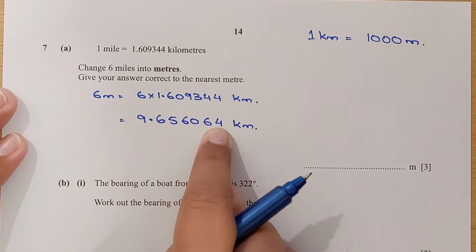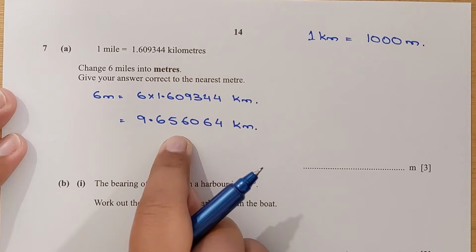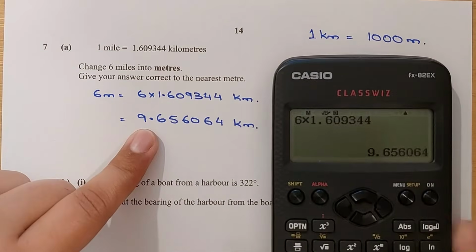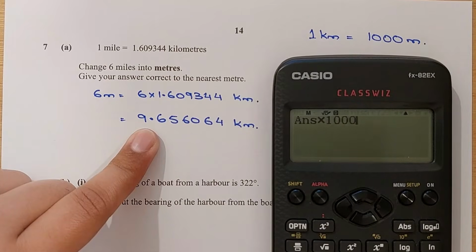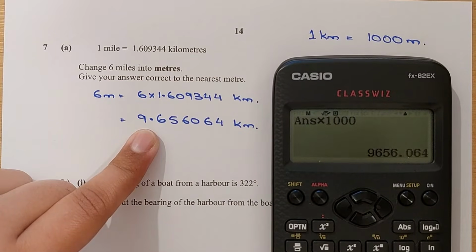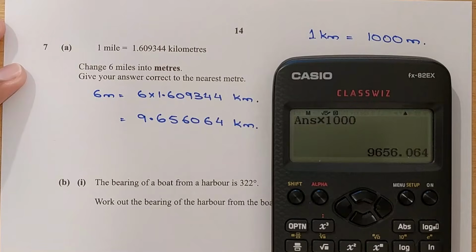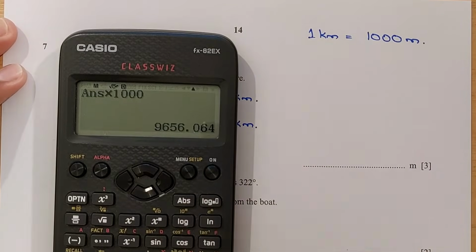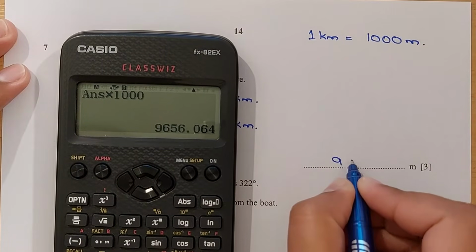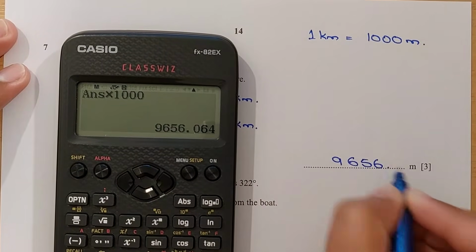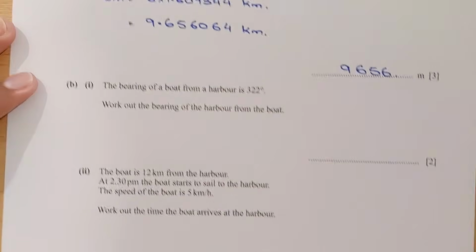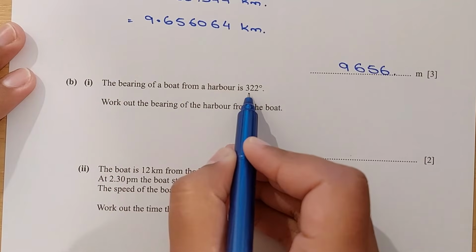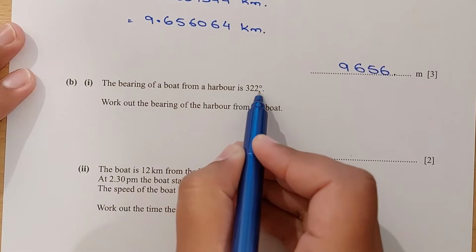So this many kilometers is this times 1000 in meters. So we need to multiply this by 1000. We need to find our answer correct to the nearest meter, not in decimals. So that is just 9,656 meters, right?